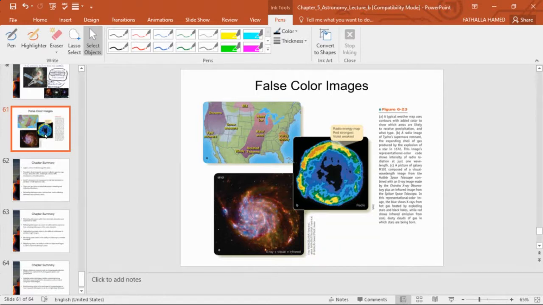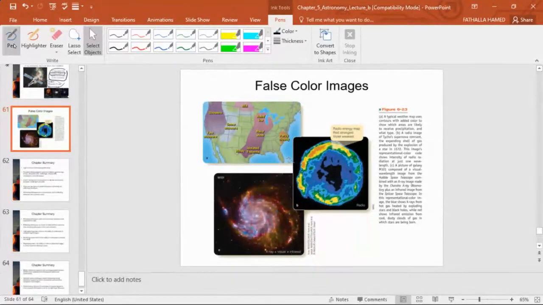Now, I must give you a word of caution. When you look at some nice images, these images are constructed from the different energies of the electromagnetic waves that we receive. What you see sometimes is an artistic rendition of what we actually think is out there.